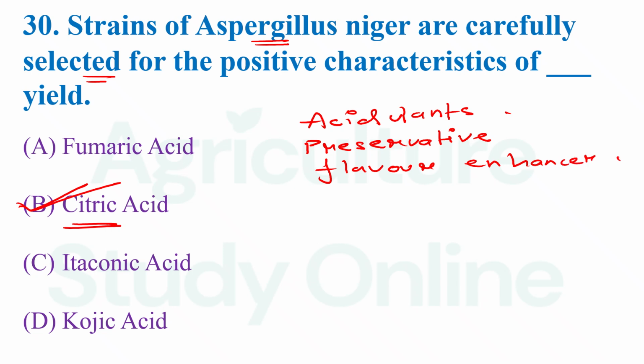Whereas fumaric acid is produced by Rhizopus species. Next, itaconic acid is produced by Aspergillus terreus species.